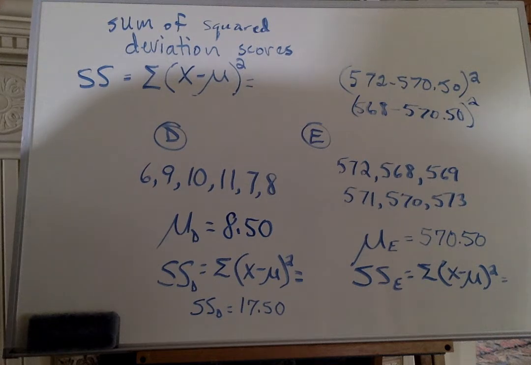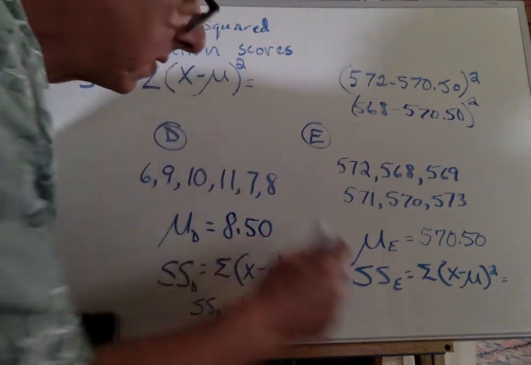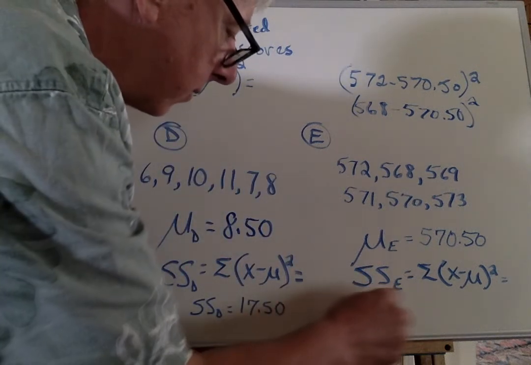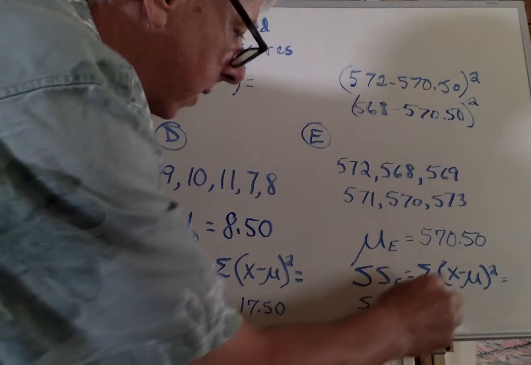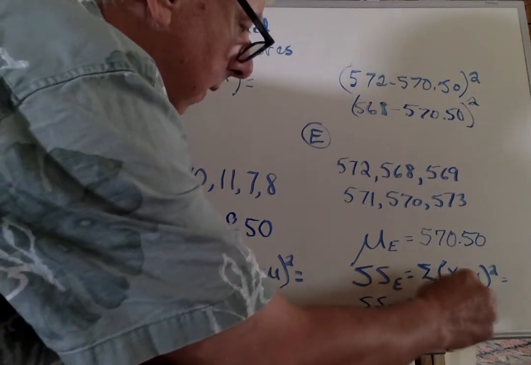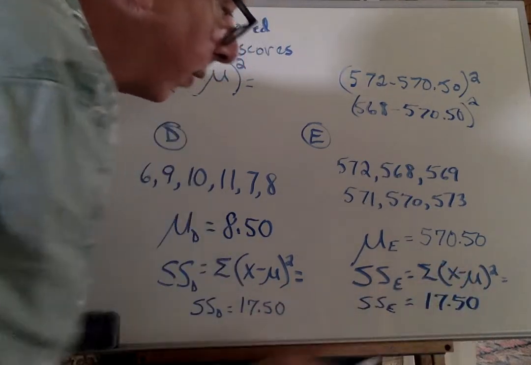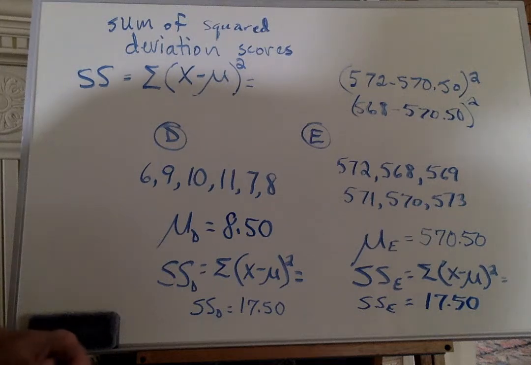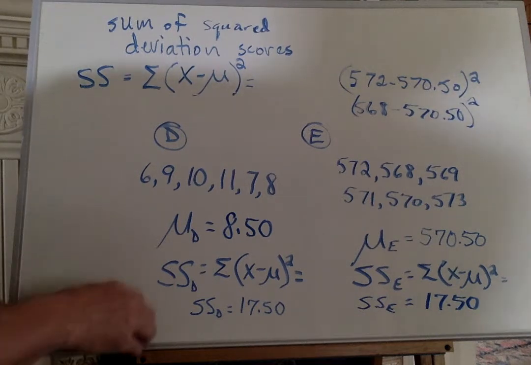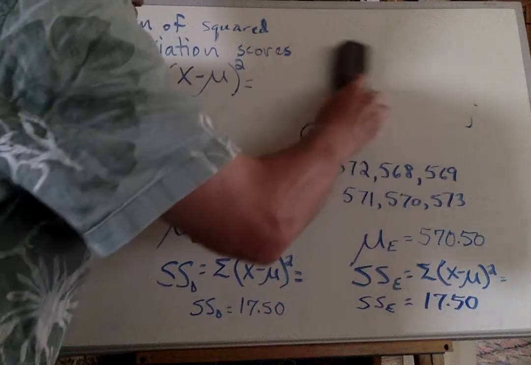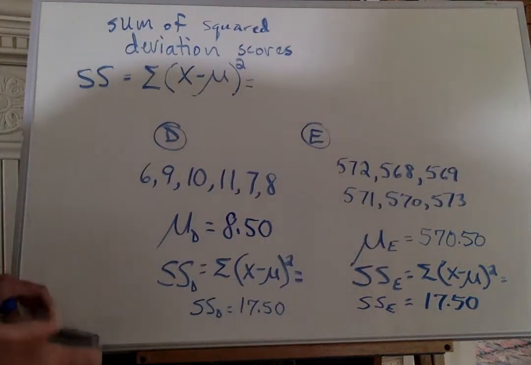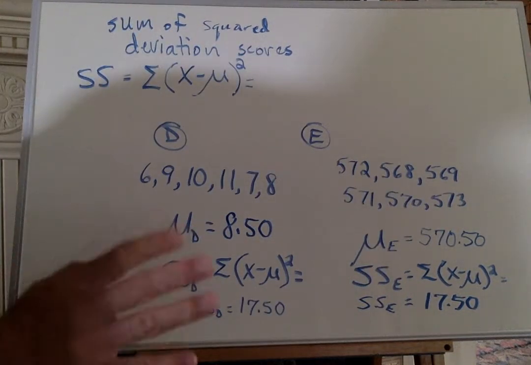Okay? Now, when we do that, what we end up seeing is the sum of squares for this group is 17.5.